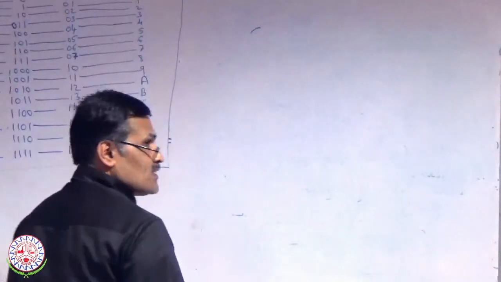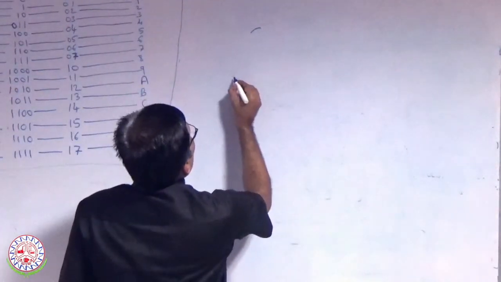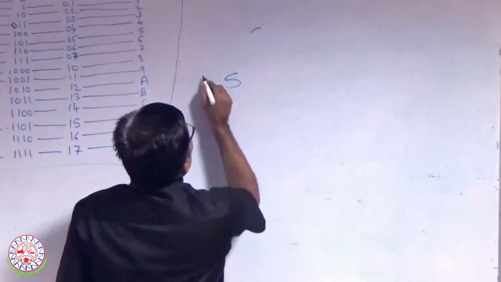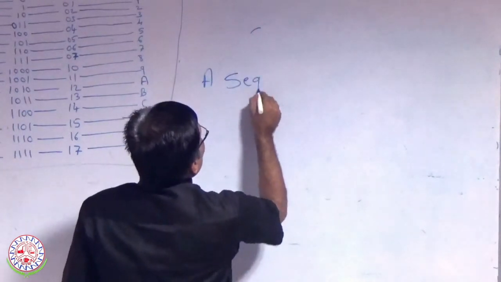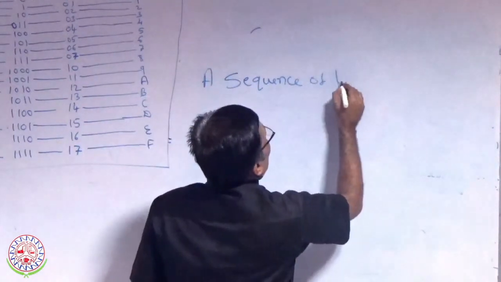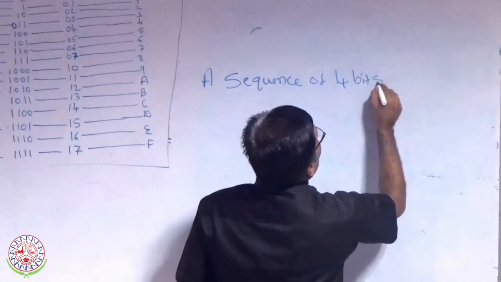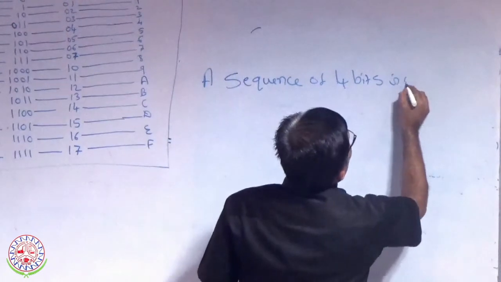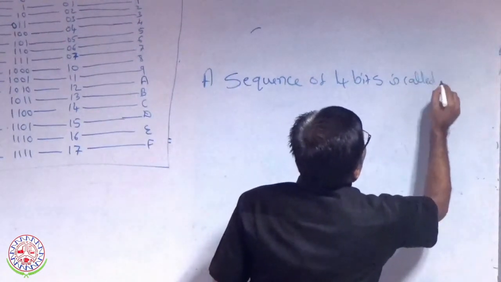Since we were discussing bits, a sequence of 4 bits is called what?